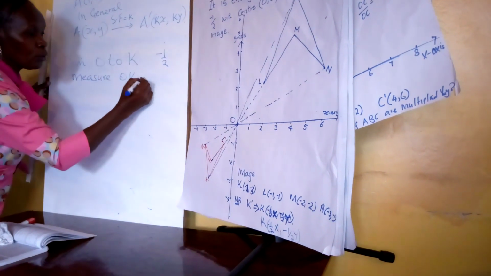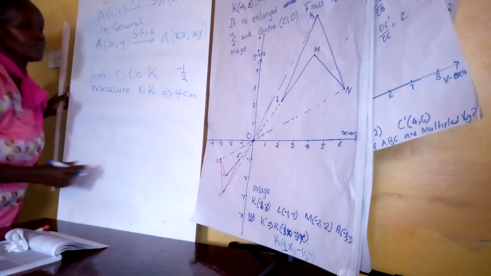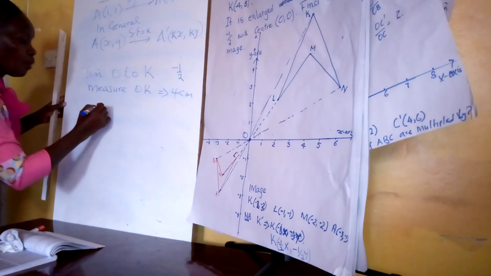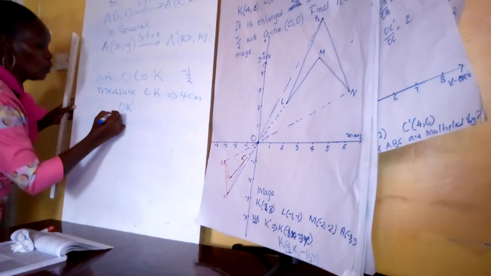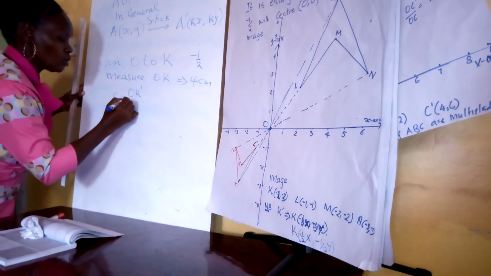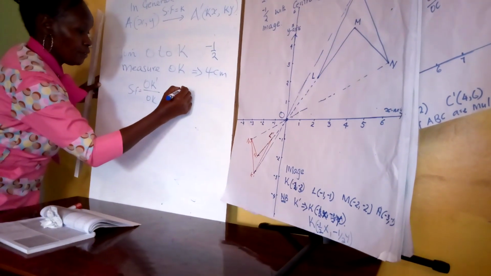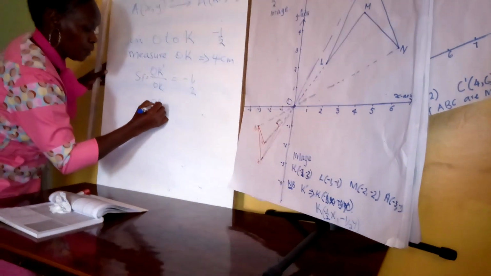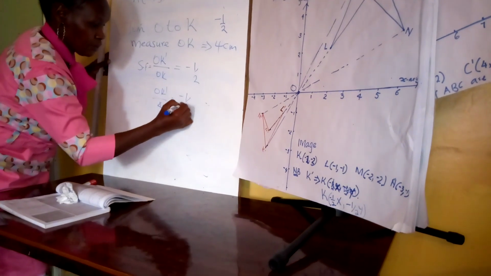So for example, we say OK is 4 centimeters. So to get our OK prime, or the position of K prime, we shall say scale factor is equal to OK prime over OK, which is negative a half. So OK prime over 4 is equal to negative a half.